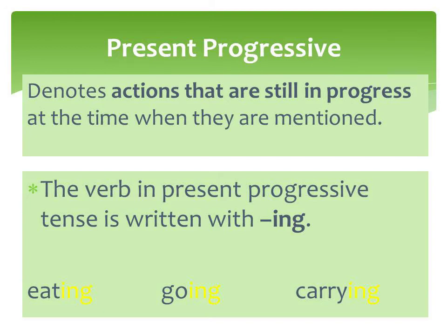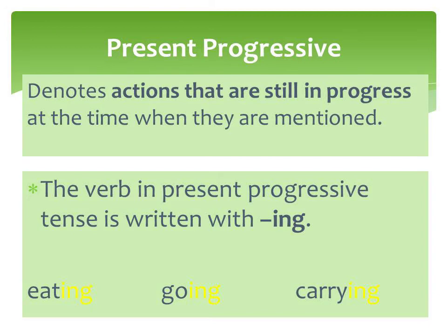The verb in present progressive tense is written with ing. Example, the word eat becomes eating. The word go becomes going. And the word carry becomes carrying.